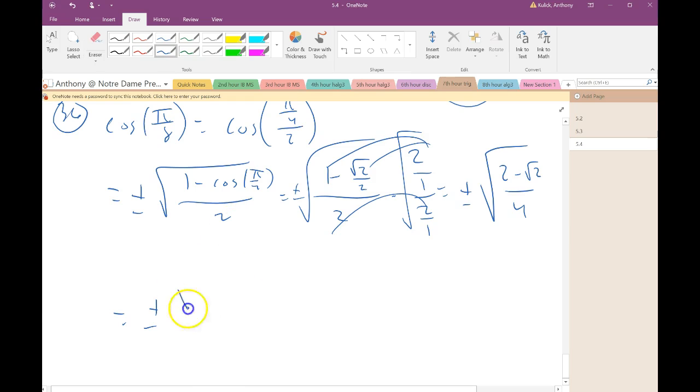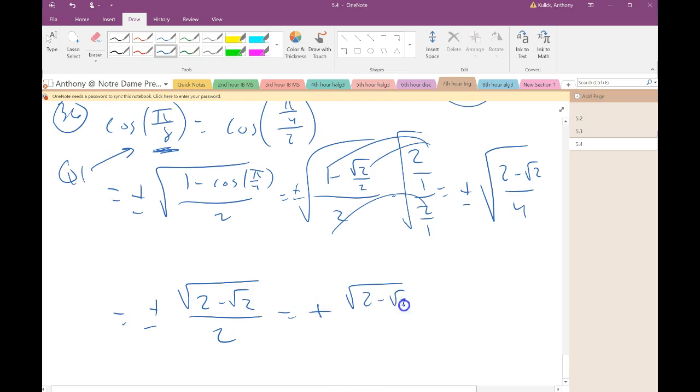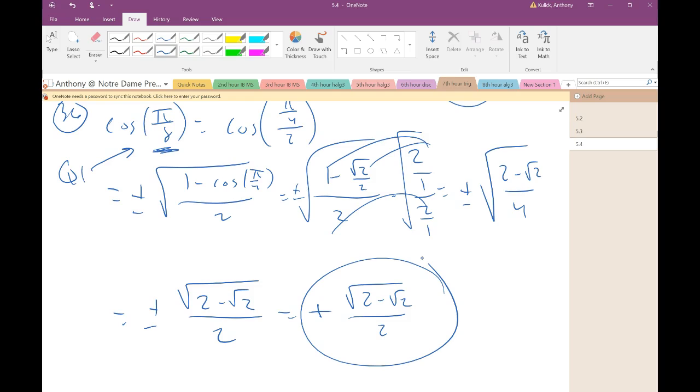And then what quadrant is pi over 8 in? Q1, so what is cosine? Positive. That's an assignment, what we just did right there. Let's see, what do I want to do next?